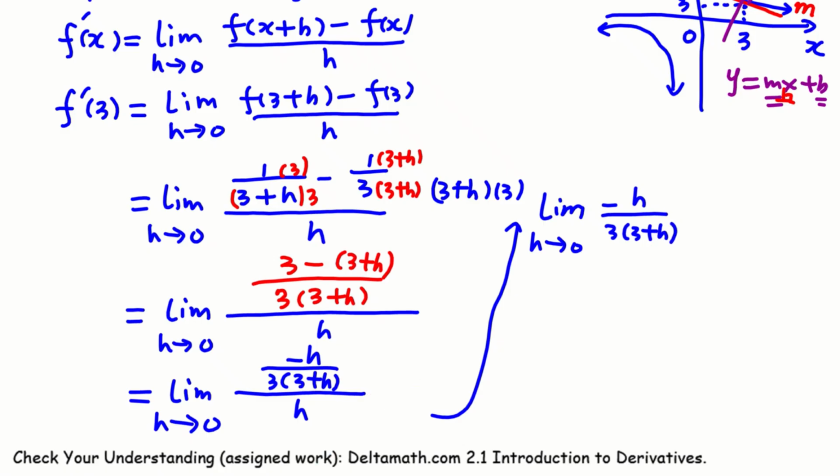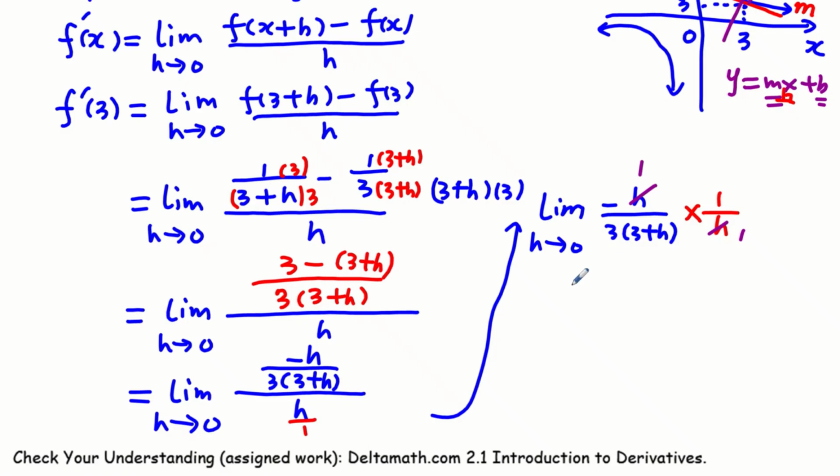We want to change the division to multiplication by flipping the denominator, so times 1 over h. Because it's multiplication, they are factors, so we can cancel the numerator and denominator h.